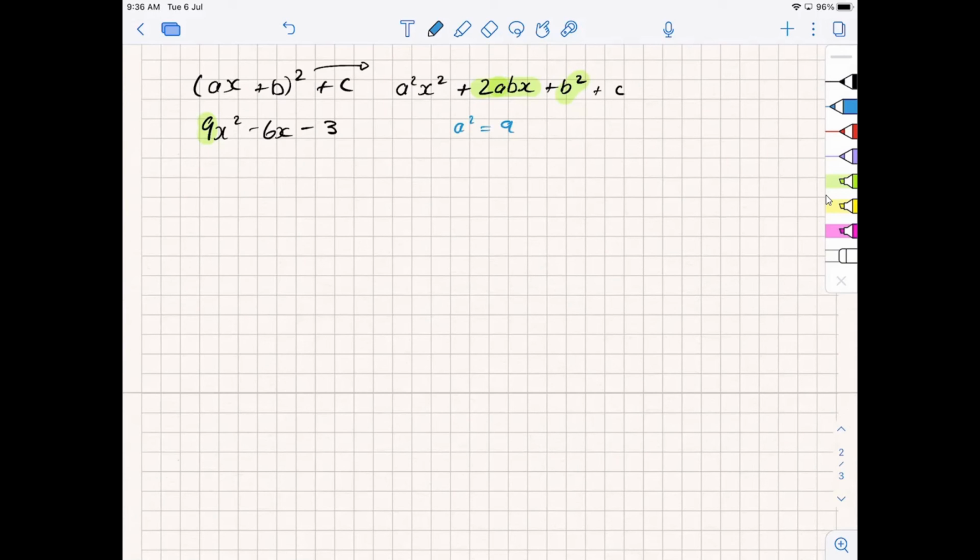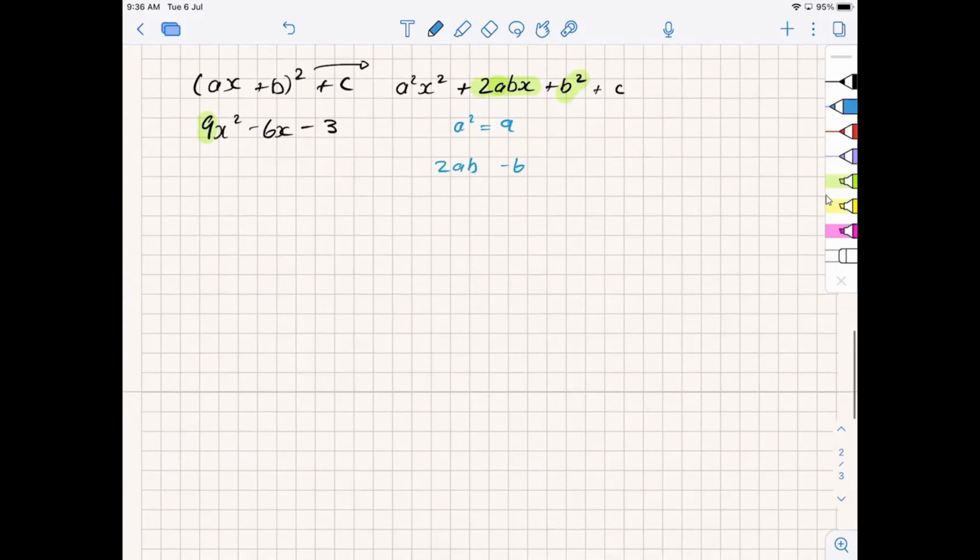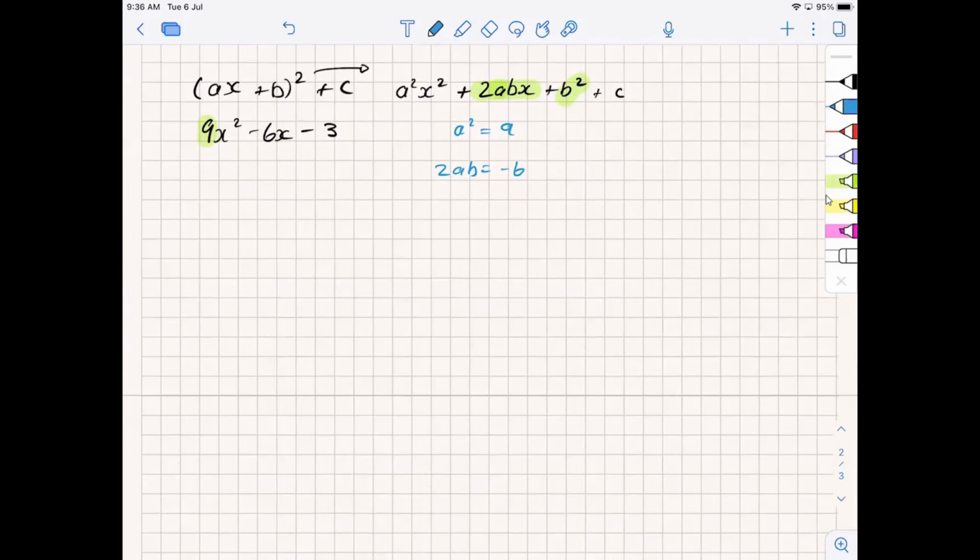We have this -6 here, right? And what must that -6 equal? Well, it must equal 2ab. I think a is -3. And then we can take b squared plus c, and that must equal -3, okay? Except that's very confusing, isn't it?